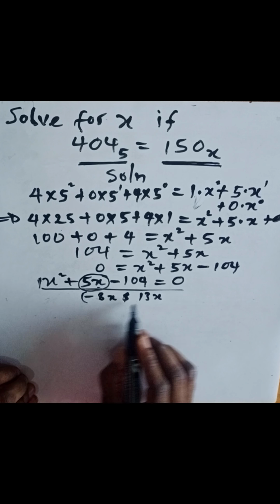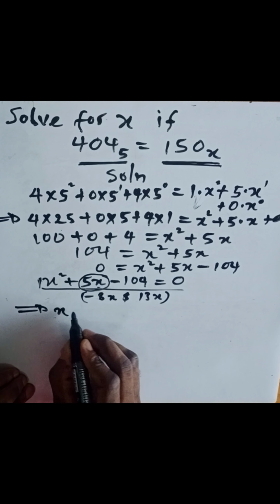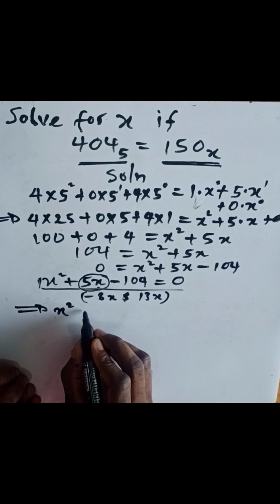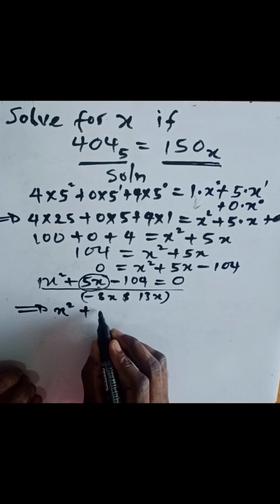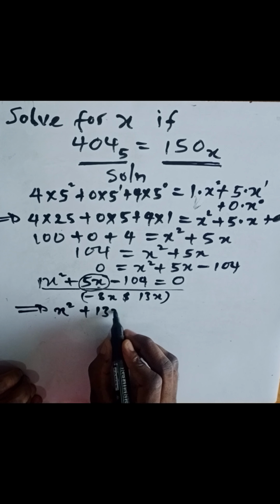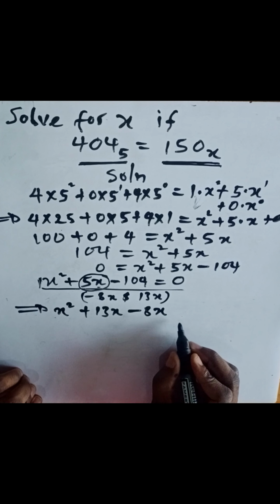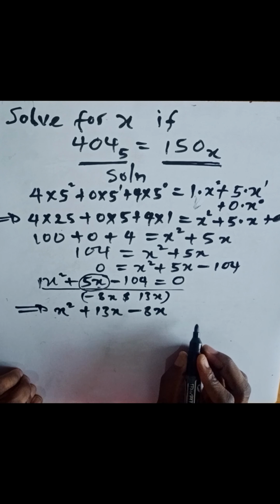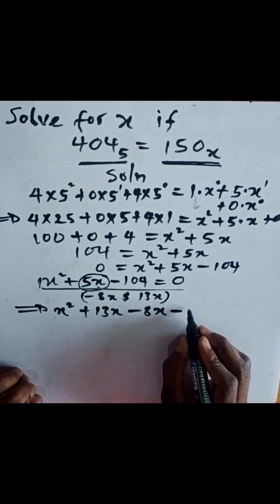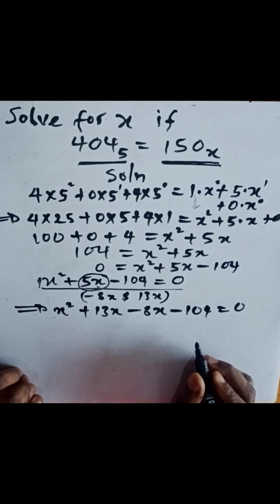We substitute all this value with 5x, which implies that our x squared plus 13x minus 8x will still give you 5x. So that's cool. Minus 104 equals 0.